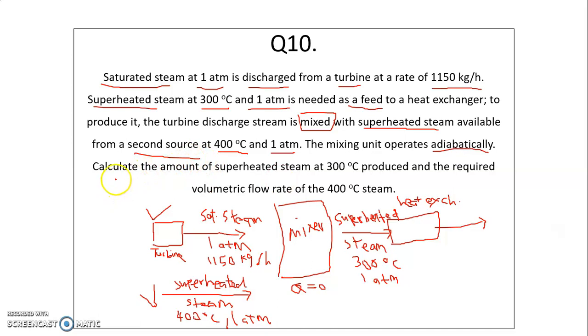And then what we need to do is calculate the amount of superheated steam at 300 degrees C produced and the required volumetric flow rate of the 400 degrees C steam. So here we need to find the volumetric flow rate, and also the amount of superheated steam at 300 degrees C, which is this one here.